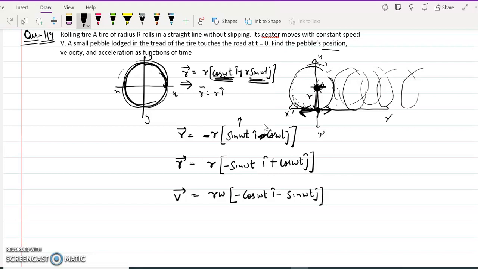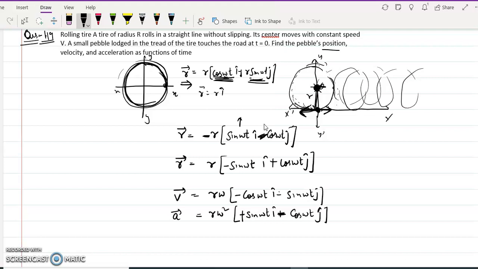If you put t equal to 0, it will be minus cos omega t I cap, in this direction, so this is consistent with our observation. So what will be the acceleration? Acceleration will be r omega square times minus sine omega t I cap plus cos omega t j cap, since the differentiation of cos is minus sine.